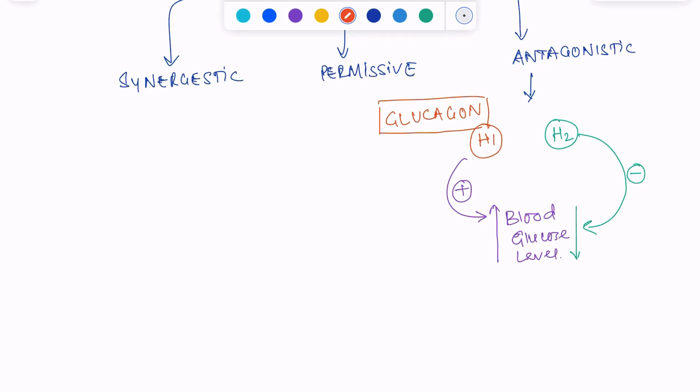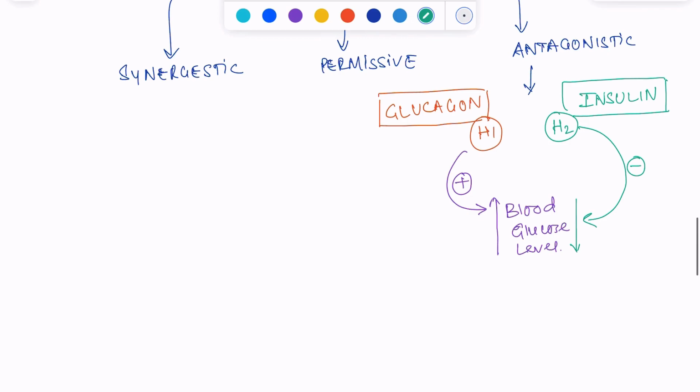On the other hand, insulin is secreted when there is a high blood glucose level, and this insulin can decrease the blood glucose level. So that is the antagonistic effect. There is one criterion, the level of blood glucose, where both hormones are working in two different ways.